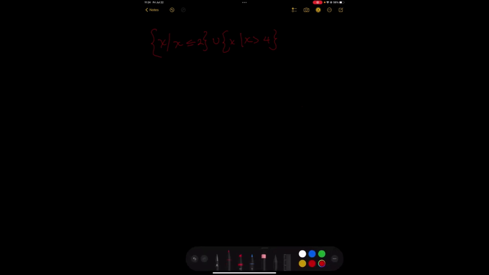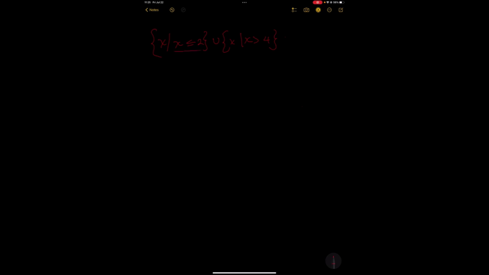Now I already know what it looks like, but for those of you who don't know what to do yet, before you do the graph, look at those two areas and the union. So let's write it down. What is x less than or equal to 2?